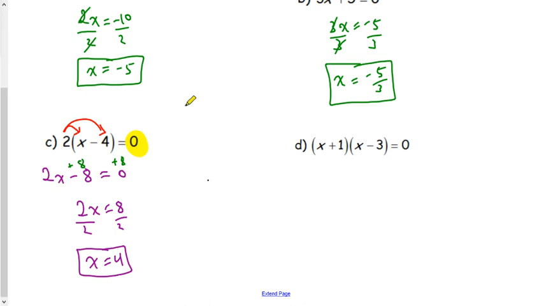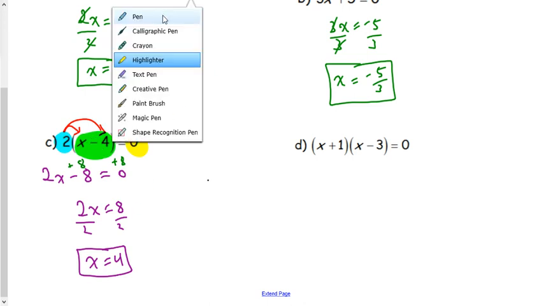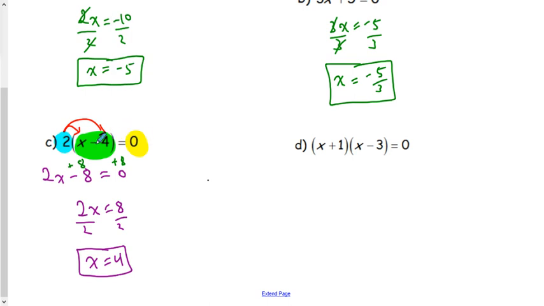Because when we're multiplying and we end up with an answer of 0, one of the two things we're multiplying must be 0. Well, that 2 definitely is not 0. So what does that leave us with? The stuff in the brackets must be the thing that equals 0 to get us to that answer of 0. 2 times something equals 0, it must be the something.